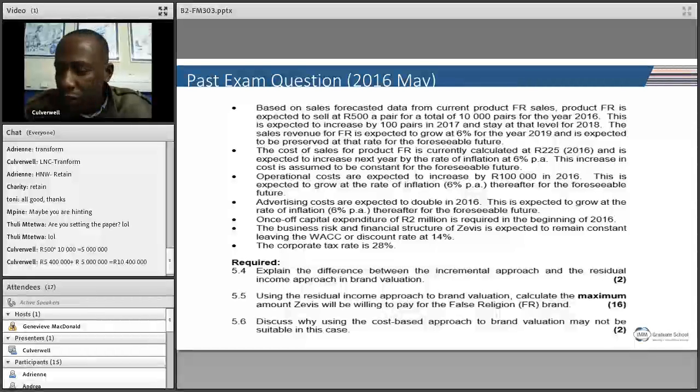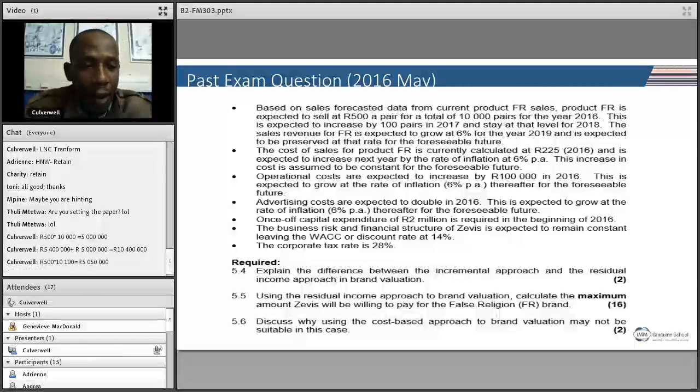But for FR, the selling price per unit didn't change, which is 500 rand, multiplied by the number of units that you're selling in year 2017, which have increased by 100 to 10,100. 500 times 10,100 is going to give you 5,050,000.